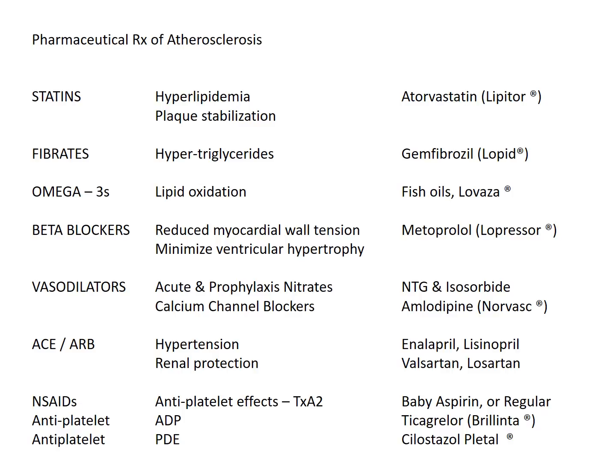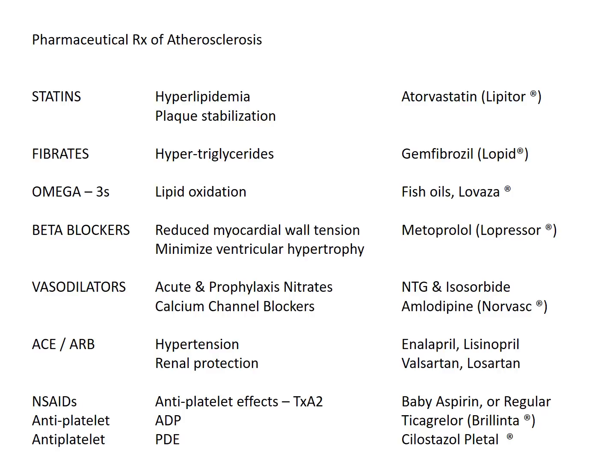Statins are one of a number of different drugs that can be used to treat people who have either coronary or peripheral atherosclerosis. If you look at this slide, you can see the drug class on the left, what that drug class does in the middle, and some representative drugs within the class.